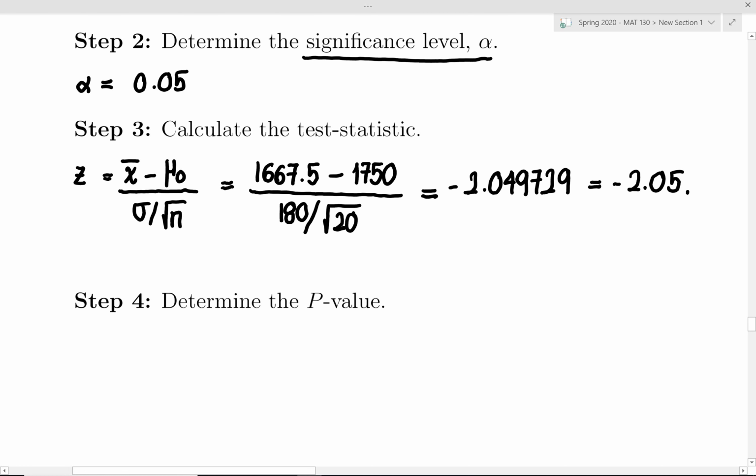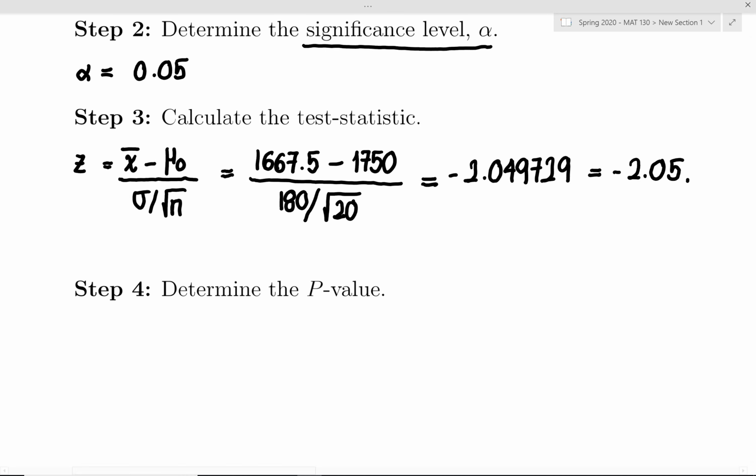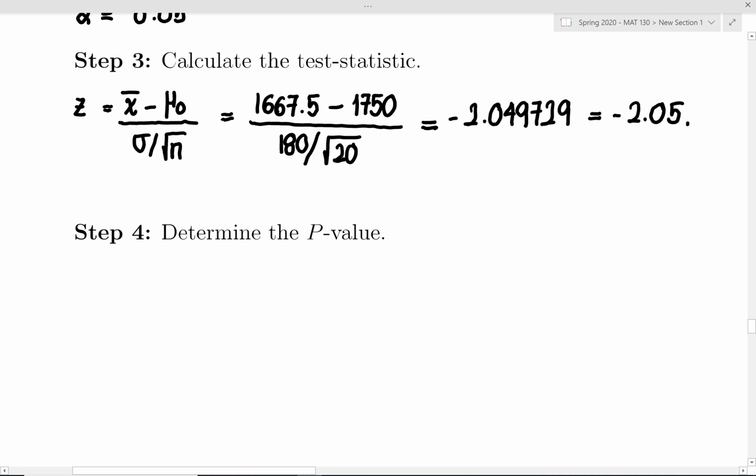What this says is, if our population mean is 1750, which is our null hypothesis, our sample mean of 1667.5 is 2.05 standard deviations away from 1750. So that's the test statistic.